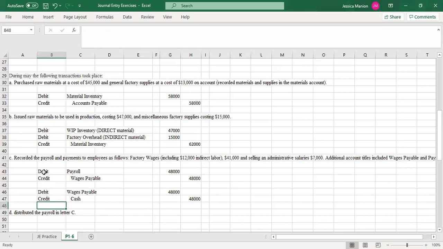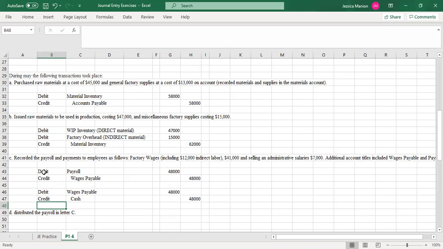So we've recorded the overall payroll. That was the 41,000 in factory wages and then the 7,000 in selling and admin salaries, 48,000 total payroll, right? But now in letter D, we want to distribute that payroll to wherever it came from.